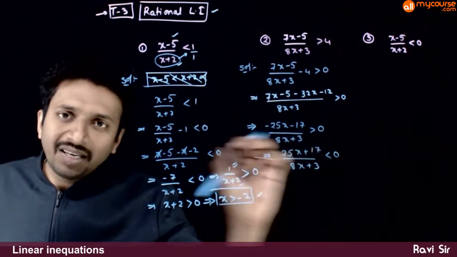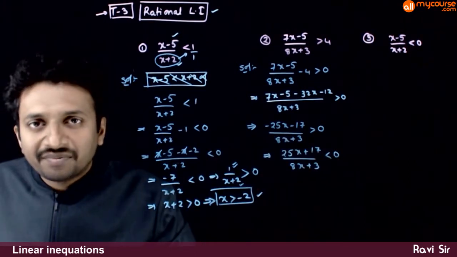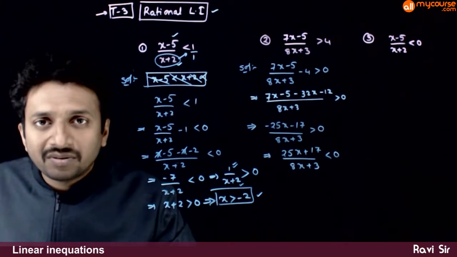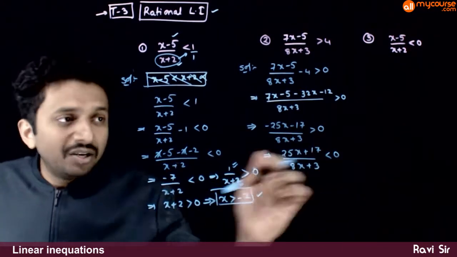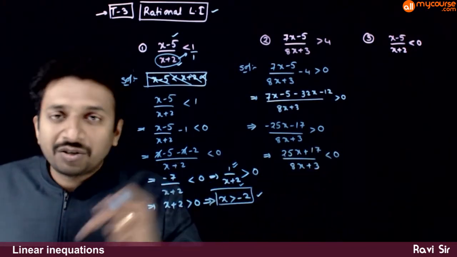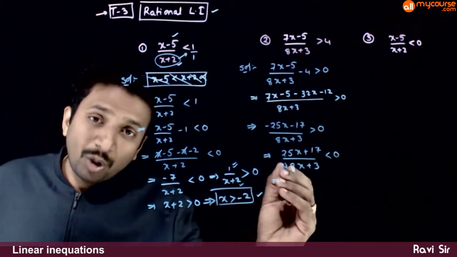So now you have an inequality. A fraction is less than 0. So if a fraction is less than 0, what is your conclusion? Numerator by denominator is less than 0. That means numerator and denominator should have opposite signs. So this implies there are two cases now.